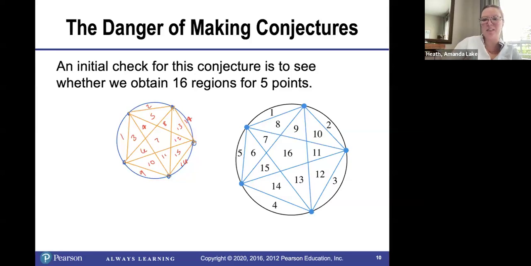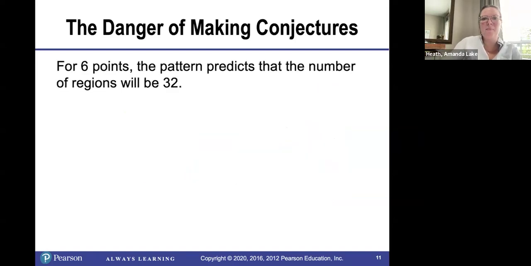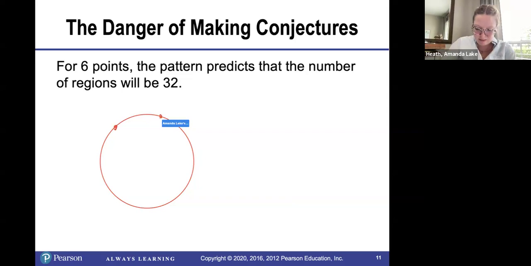Here's the textbook's version of counting this. For 6 points, the pattern predicts that the number of regions will be 32. So if we try to do it again with 6 points, 1, 2, 3, 4, 5, 6.